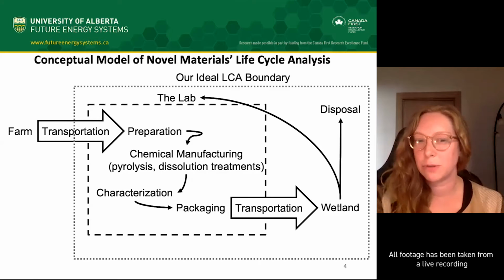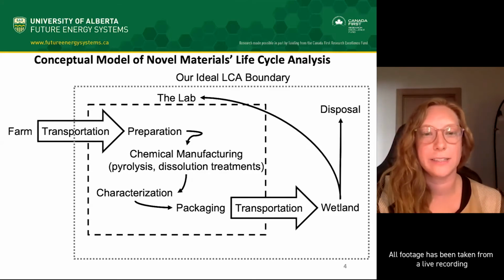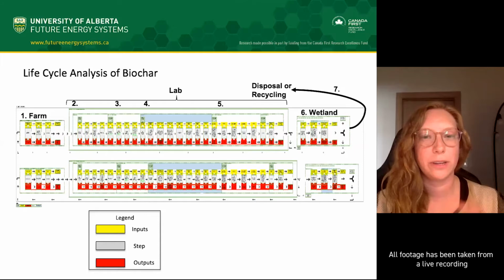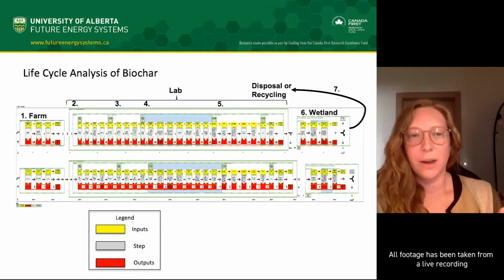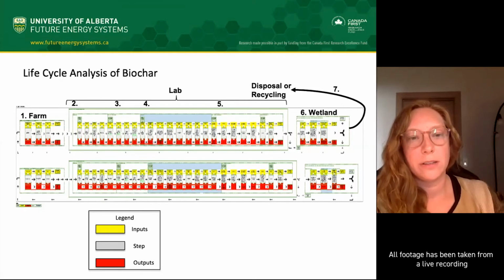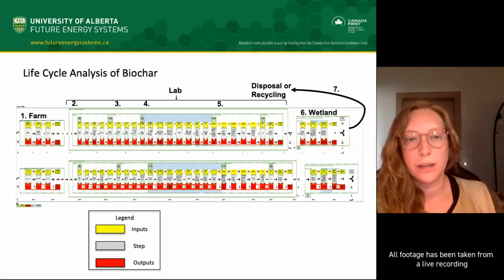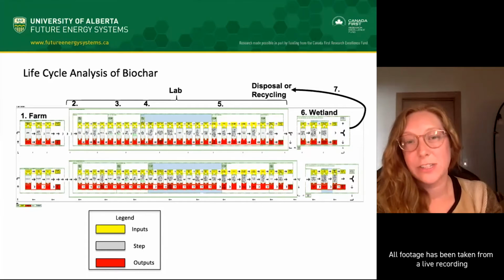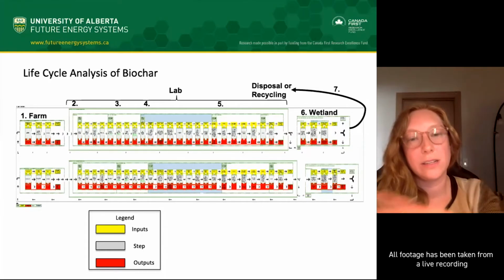So this is the conceptual model, but life cycle analysis itself is actually quite complicated with a number of steps. So here's one map that shows many of the steps that's included in actual life cycle analysis. You can see there's the farm here, as well as steps 2 to 5, which happen in the lab. In these steps, it's transported, it's heated, it's dried, it's characterized and packaged, and then eventually moved out to the wetland and then disposed or recycled.